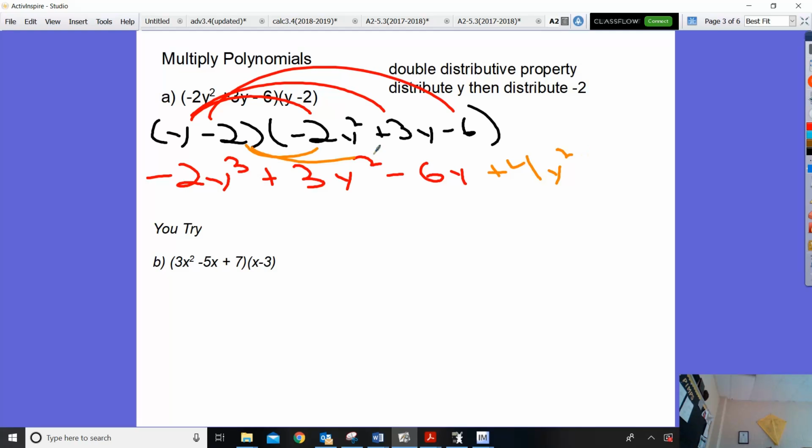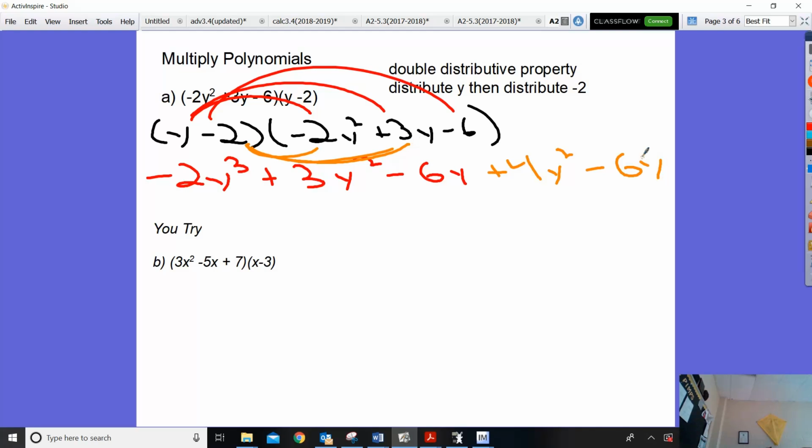Madison, how about a negative 2 times 3y? What kind of 6? Negative. Anything missing? Y squared. No, y squared. Y cubed. No, we're right here. So, y.